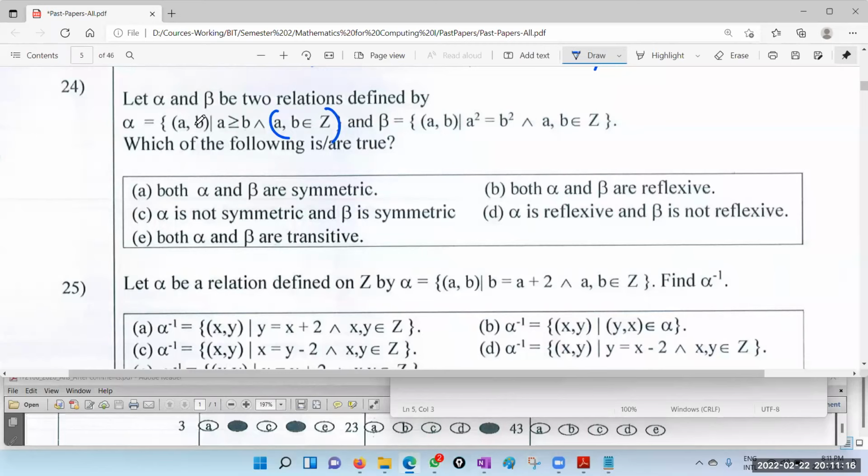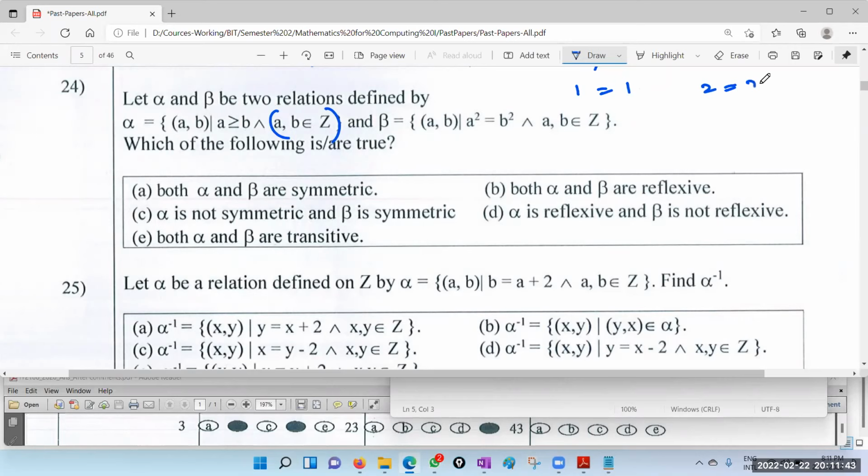For the first relation, you need all the integers where the first number must be greater than or equal to the second number. Here you need a squared equal to b squared, where a and b are integers. So a squared equal b squared is something like 1 squared equal 1 squared, 2 squared equal 2 squared.